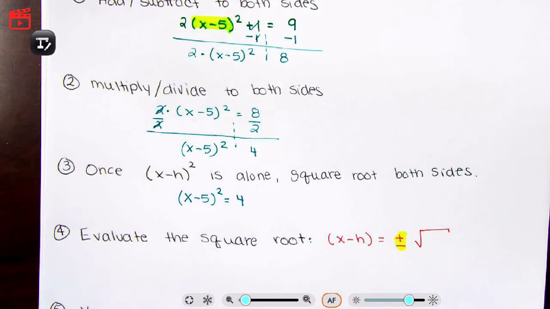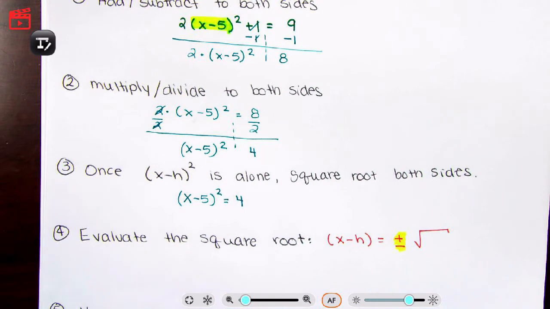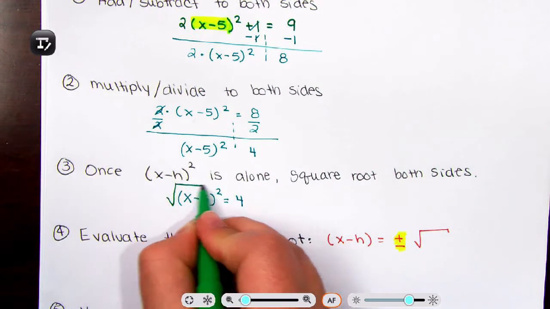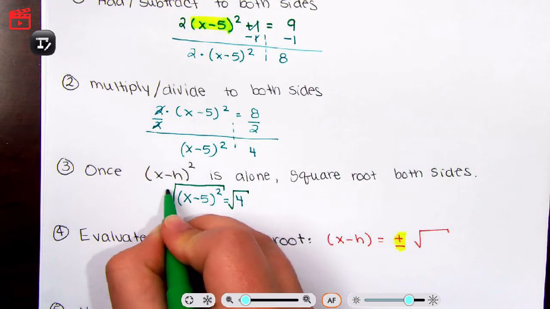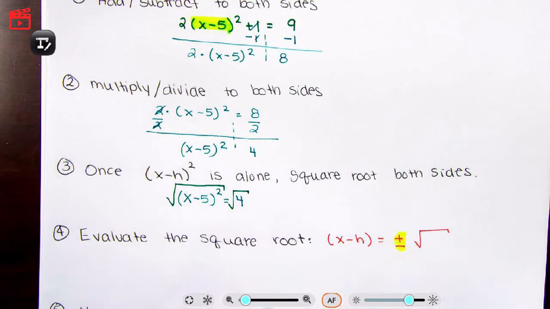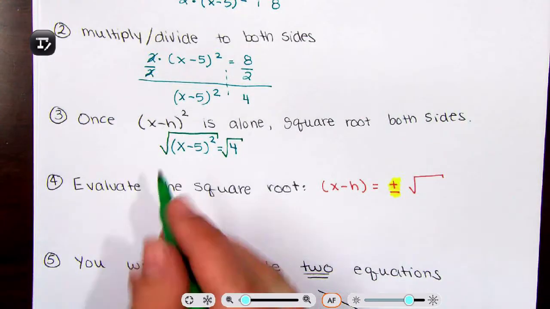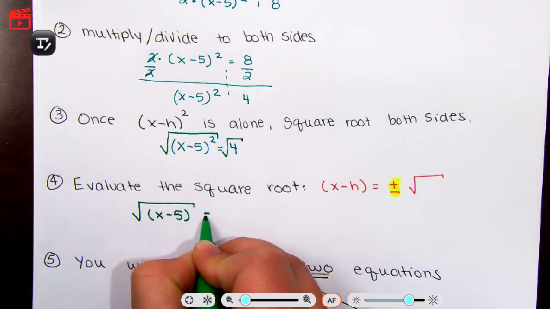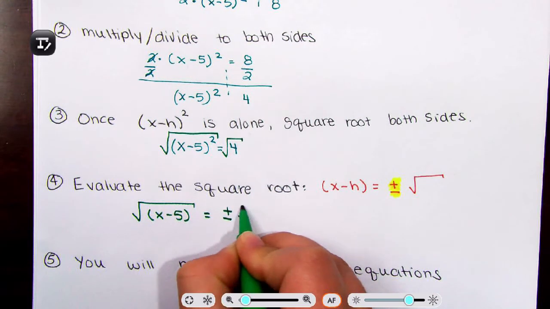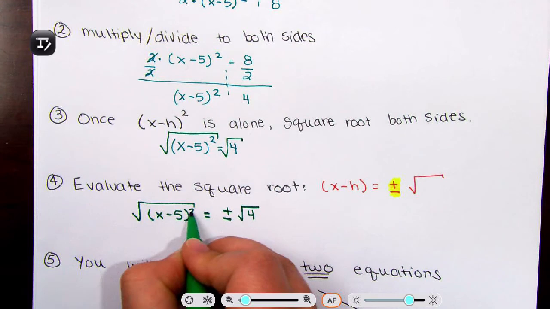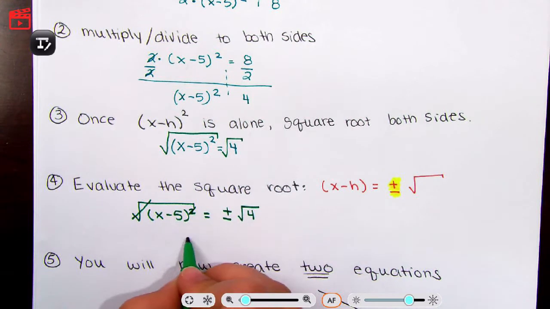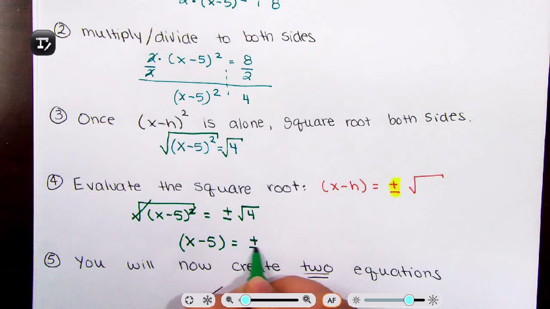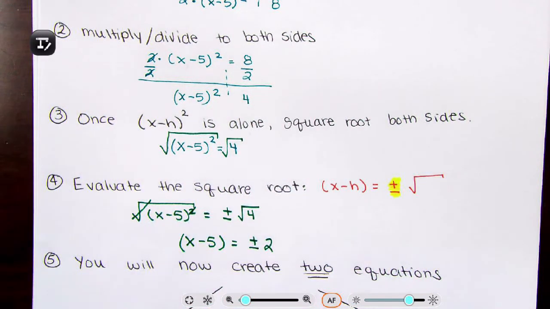Now that x minus 5 squared is alone, we're going to take the square root of both sides. And again, whenever you take the square root of both sides, you have that plus or minus there. So this one is plus or minus the square root of 4. Because this is squared and square root, that goes away. I'm left with x minus 5, equal to, the square root of 4 is 2, but I still have that plus and minus.